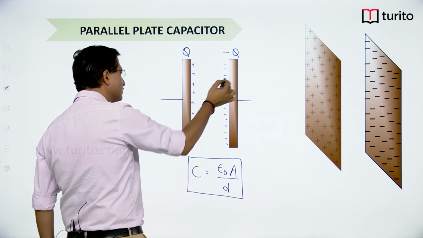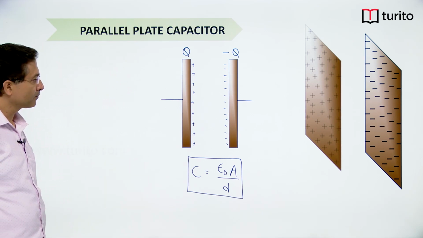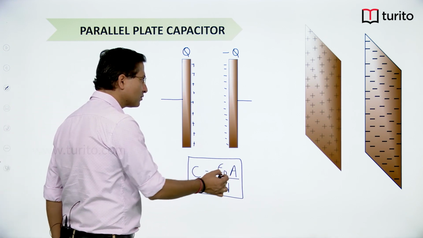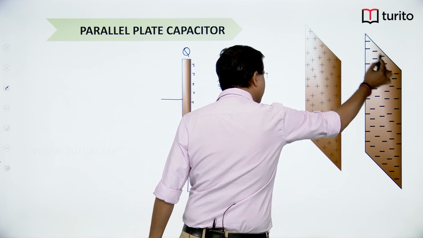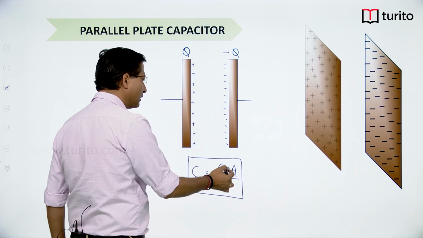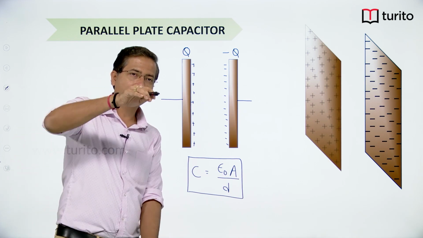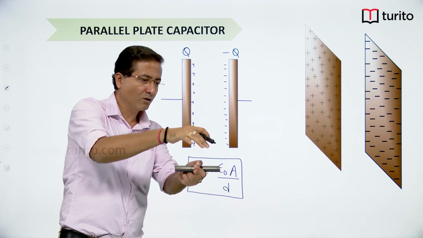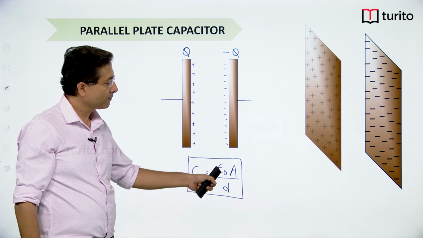As there is no charge on the outer surfaces, there will not be any field, right. So, it depends on the dimension, it depends on the area of the plate. Larger the surface area of the plate, larger will be the capacitance. So, if you have taken larger plates, you will get more capacitance as compared to when you take a smaller plate. So, larger the area, larger will be the capacitance.